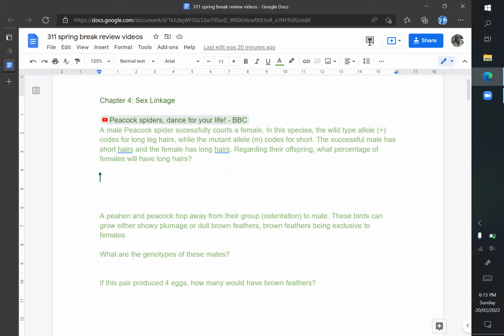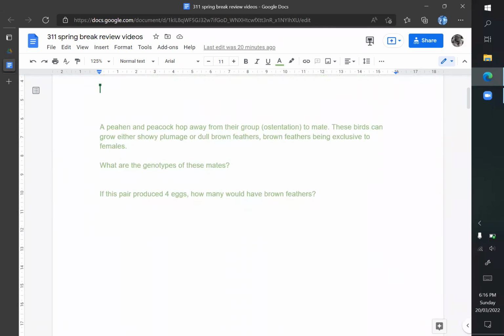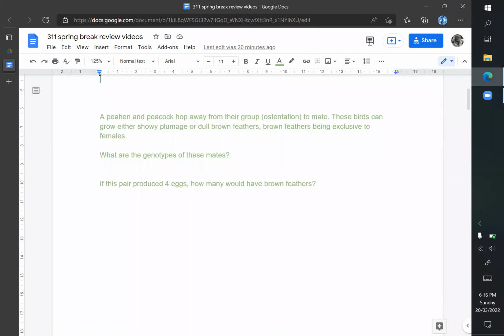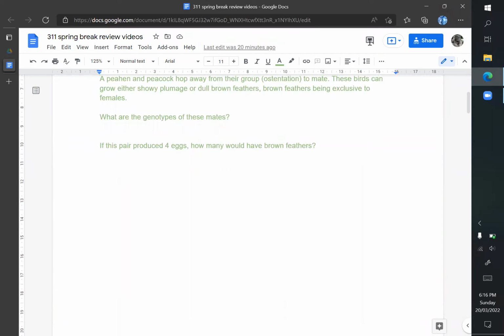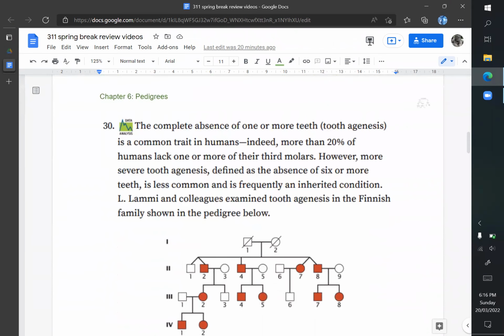The offspring that come out of that, depending on which of the alleles are dominant versus recessive, is going to determine the ratios of offspring that have specific phenotypes. So just take your time with these questions, read them, and try your best to write out as much information as you can so you don't get lost in the question.